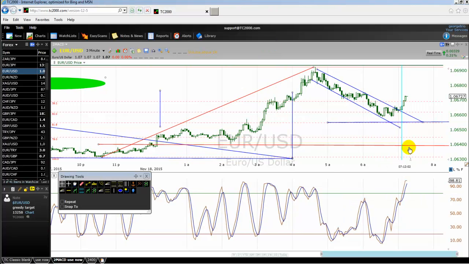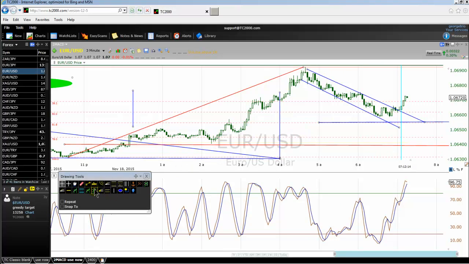Okay, traders, there is a bit of progression here. All right, going on. So what I'm going to do, I'm going to place a limit order at least here, to buy here, right here, it's quite high.